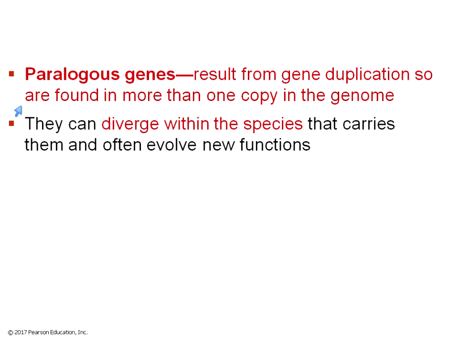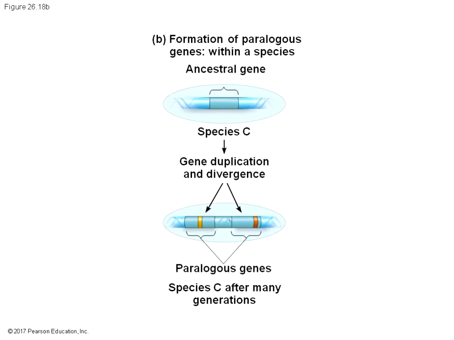Paralogous genes tie in with those gene duplications that we were talking about. These are found sometimes in more than one copy within the genome, and they can also diverge with the species that carry them. And like I said, sometimes even get new functions. With the paralogous genes, here's our species, and this is still the same species, still species C, but after many generations, we end up getting our duplication event.